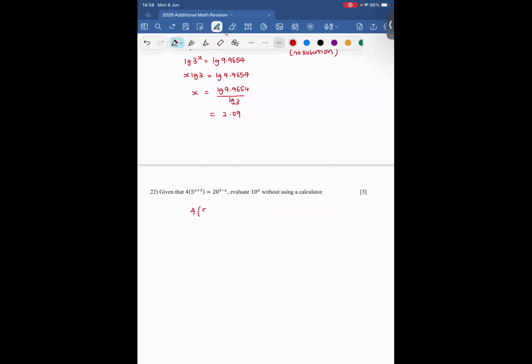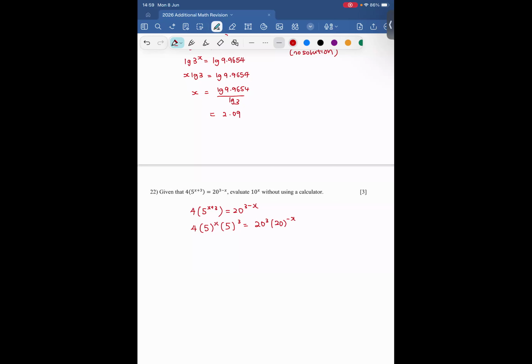What you are expected to do is separate the power. So this part can be written as 5 to the power of x, 5 power 3. This one we also need to separate. This becomes 20 power 3 times 20 power negative x.